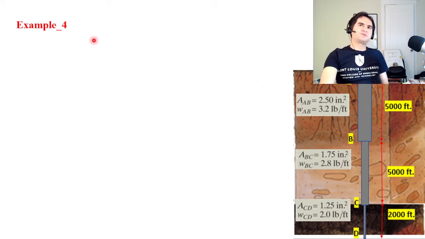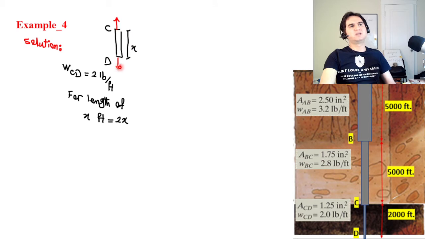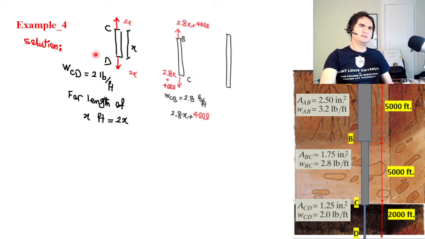To approach this problem, if we start from the free end D and take an element of length x from CD, because the weight of CD is 2 pounds per foot, if we have x feet of length in our element, that's a force of 2x applied as a tensile force at both ends of CD.